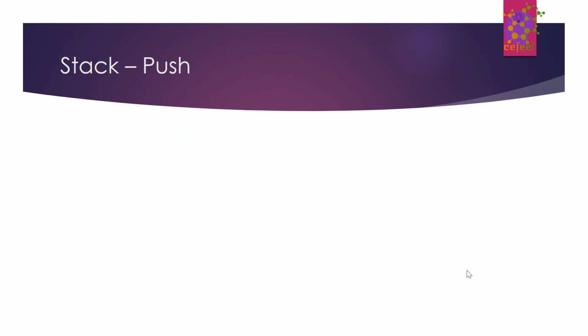Cool. Let's see the pseudocode of the push operation real quick. It is also very simple. If you have been following my videos till now, you will notice that this is a pretty simple thing for you. Let's say we have a procedure push, which takes a stack, which means an array, and an item which needs to be pushed to the stack.